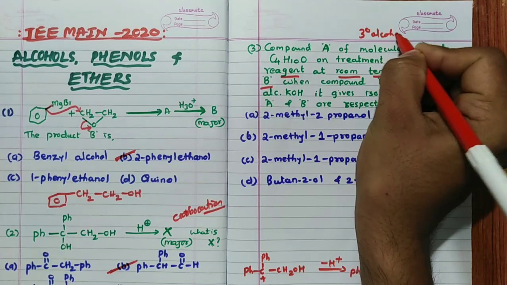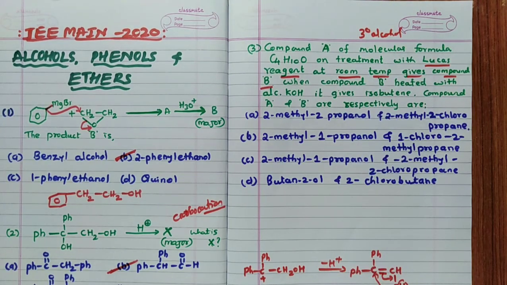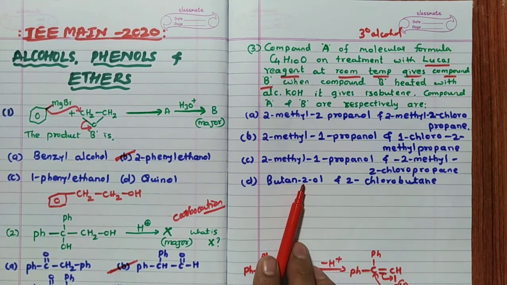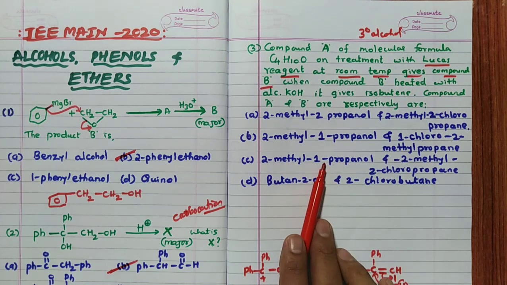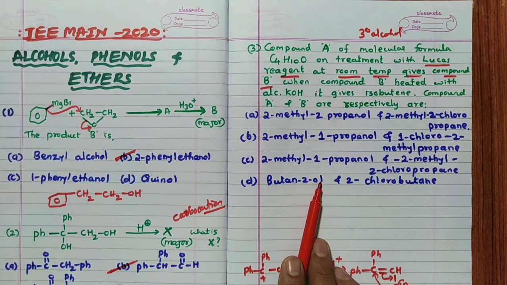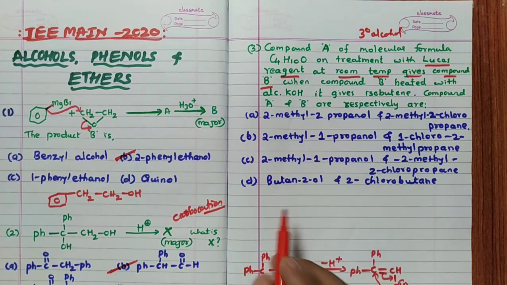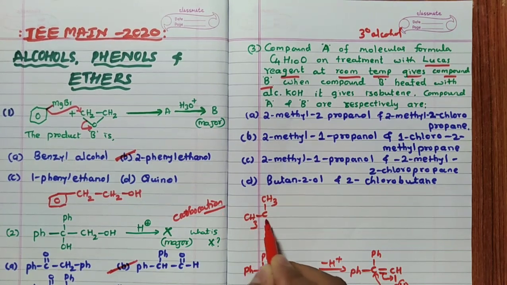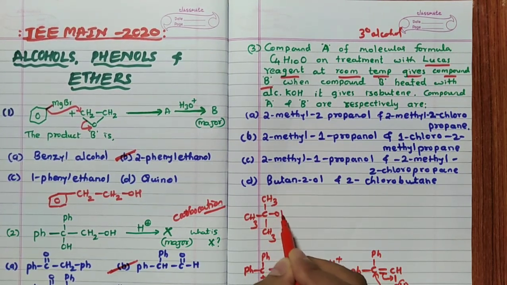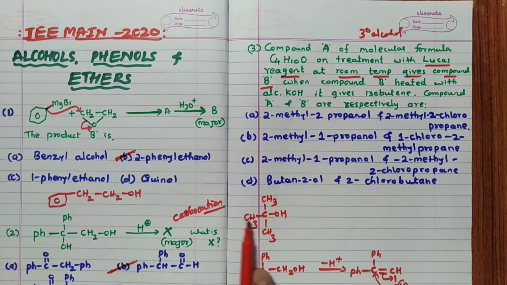Now if you see, butan-2-ol is a secondary alcohol. If you write the structure, you will come to know. 2-methyl-1-propanol is a primary alcohol. But 2-methyl-2-propanol is a tertiary alcohol, like this: (CH3)3C-OH.